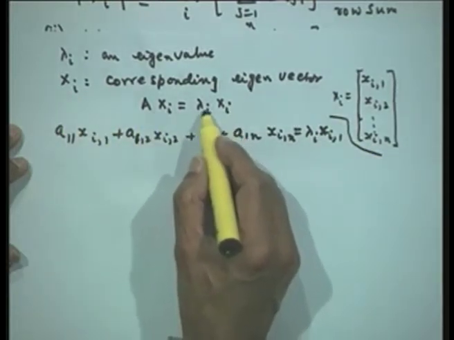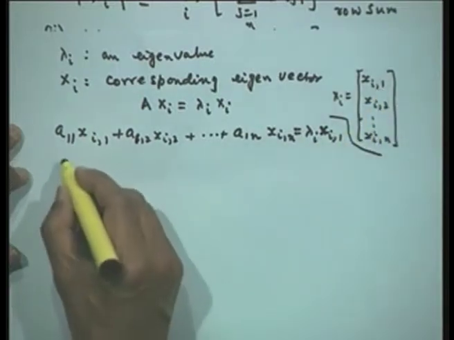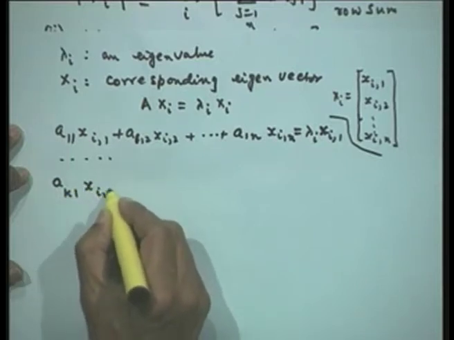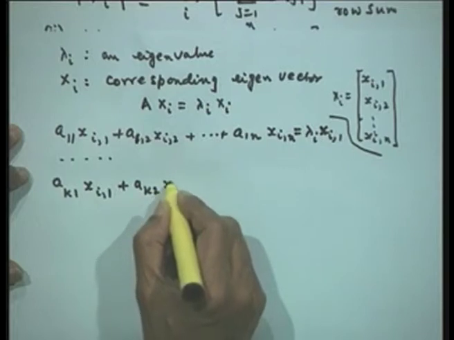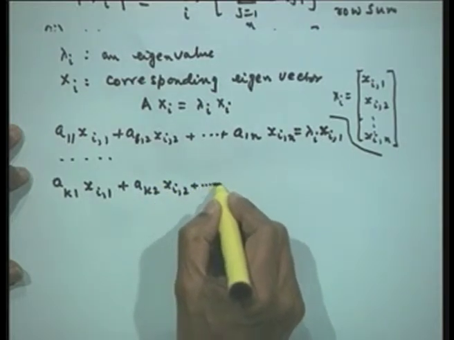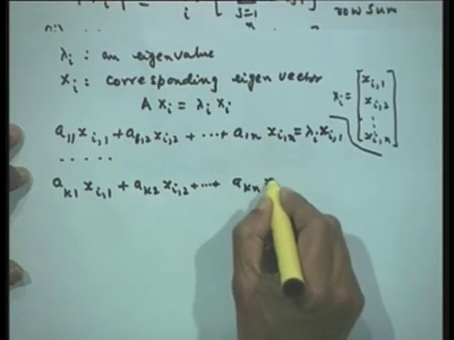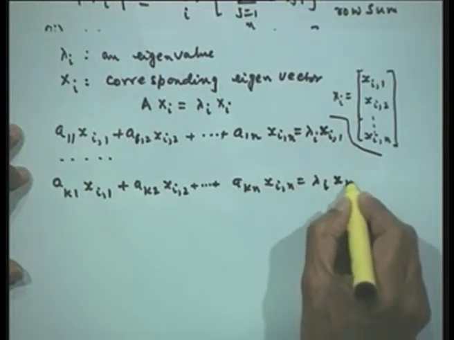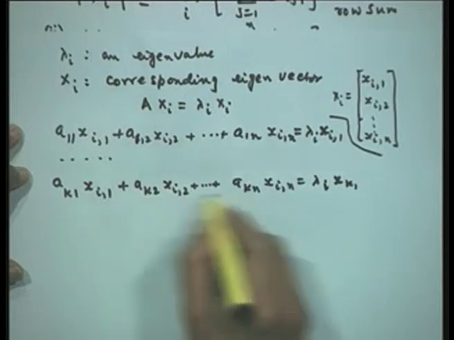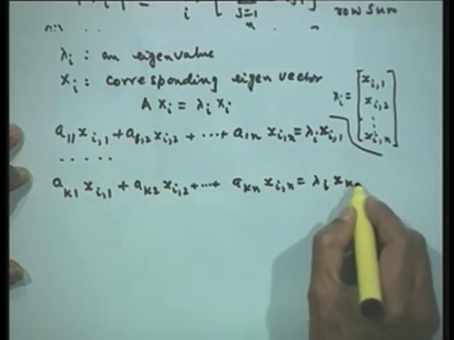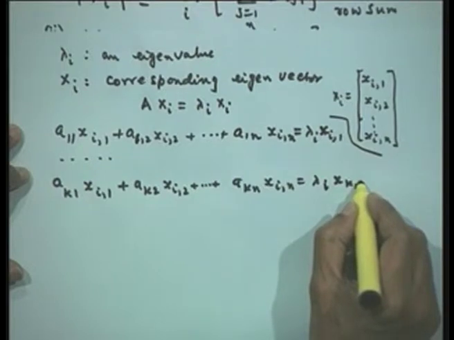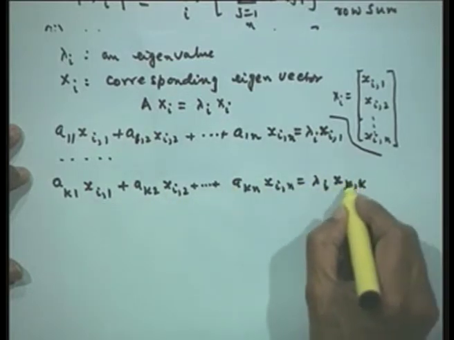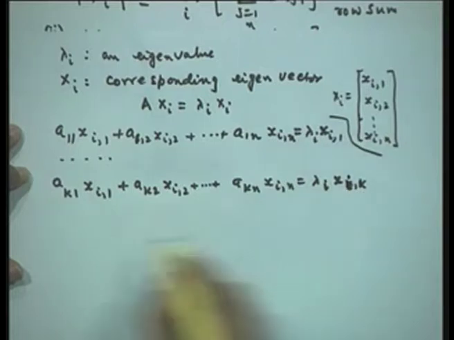Lambda i multiplies this first component. Then the kth equation: ak1 xi1 plus ak2 xi2 plus ... plus akn xin equals lambda i xik.